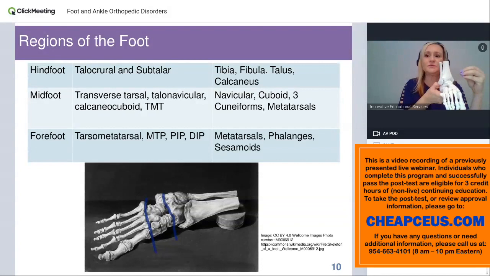While we don't have specific motions like we think of with the dorsiplantar flexion, inversion, eversion, or overall pronation supination of the foot, there is a lot of gliding movement that occurs in that midfoot.